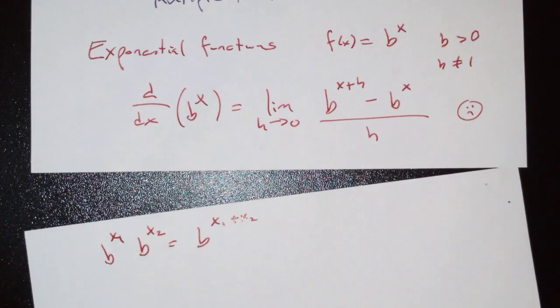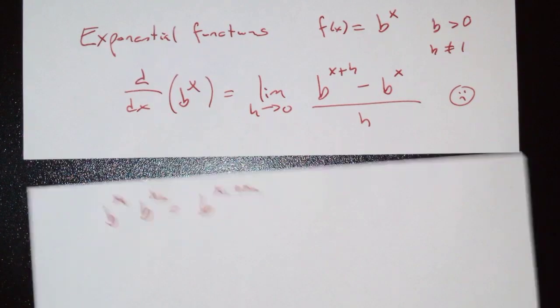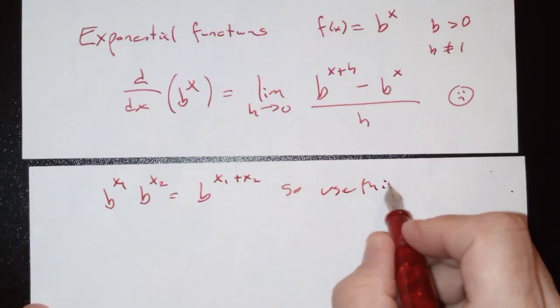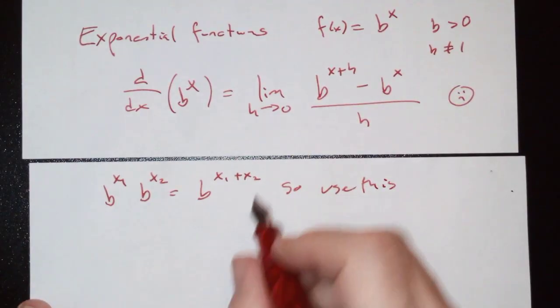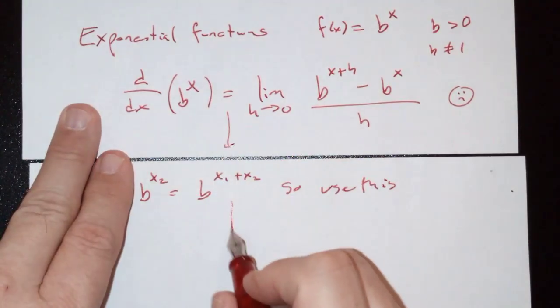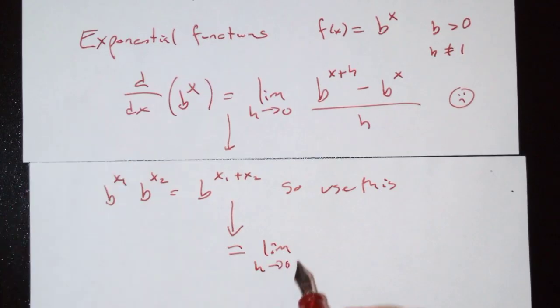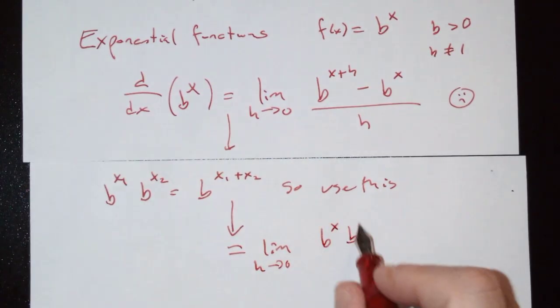X squared times x cubed, you add the powers, you get x to the 5th. Well, I can use that backwards. Here I'm adding. I'll write it as multiplying.